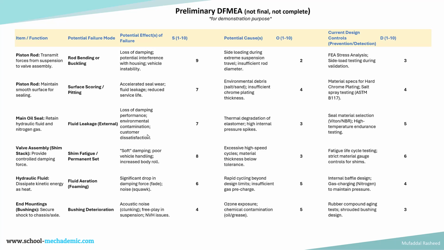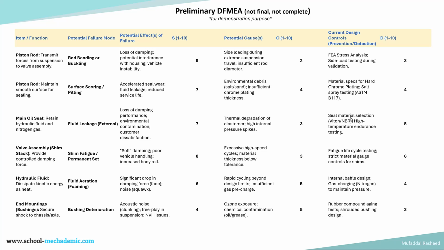Fluid leakage does not directly result in issues of safety, but it results in reduced or degraded performance. Occurrence rating is generally low. It does not happen often. Detection rating is 5. It's not that easy to detect, but it can be detected through testing.